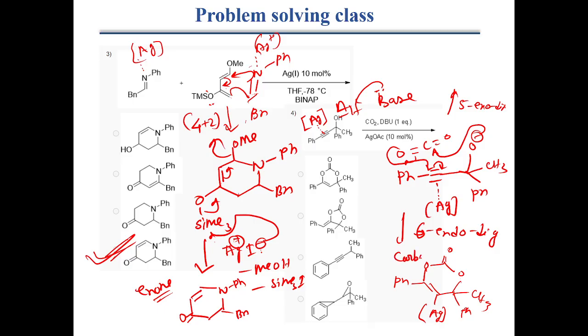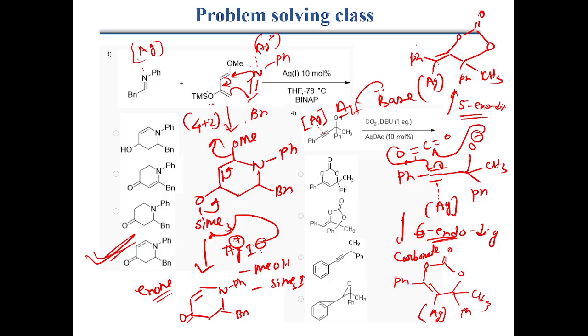Here, this is the 5-exo-dig cyclization and this is the 6-endo-dig cyclization.